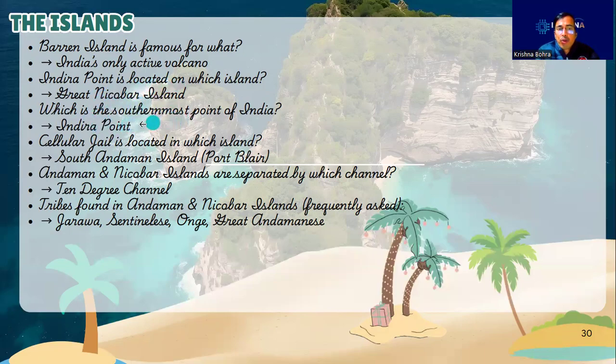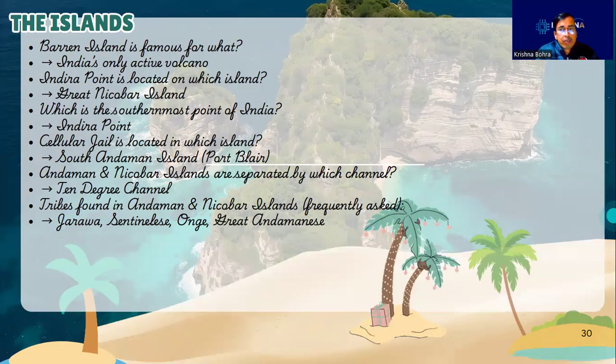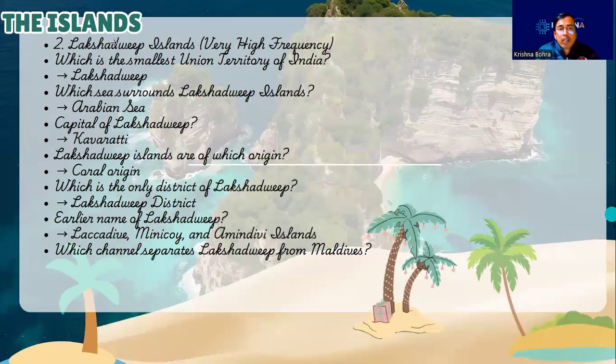Cellular Jail is located in South Andaman Island, in Port Blair. Andaman and Nicobar Islands are separated by the Ten Degree Channel, and the tribes found in these islands are the Sentinelese, Onge, and Great Andamanese. So some of the tribals.